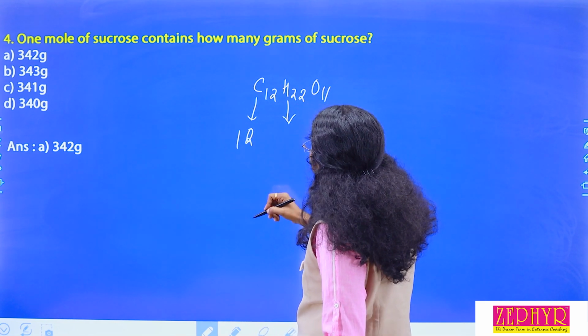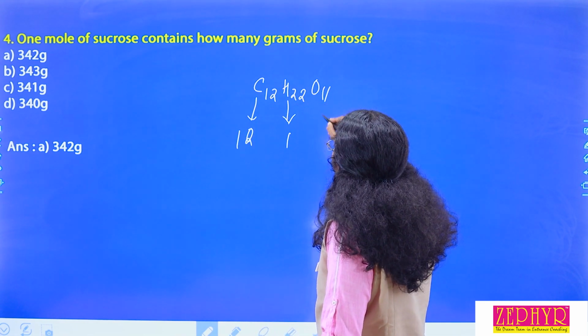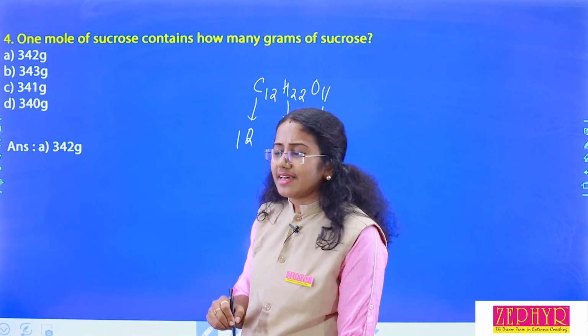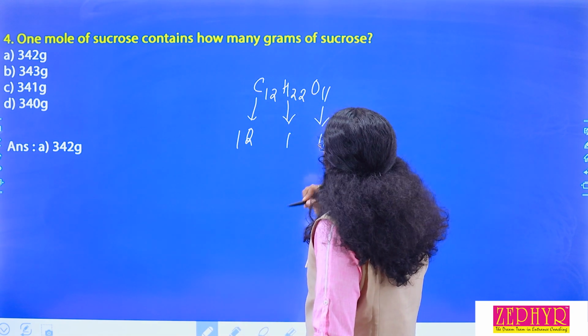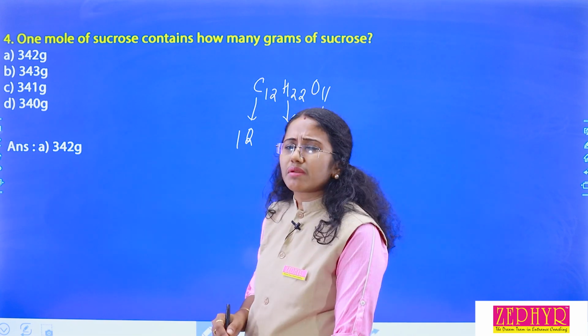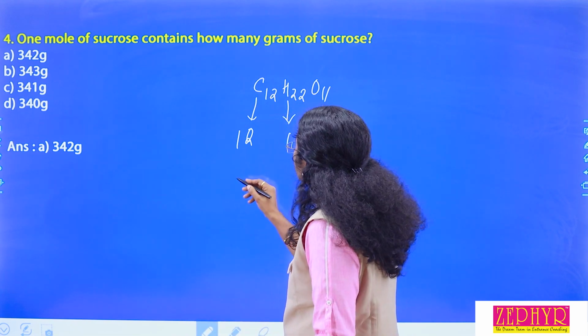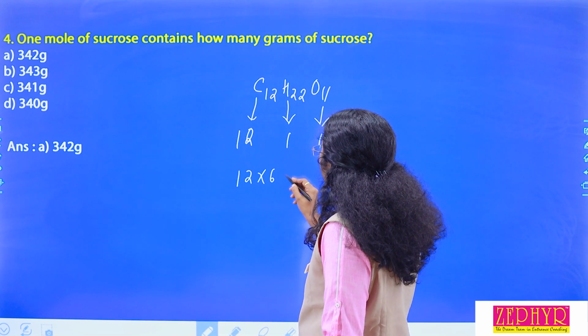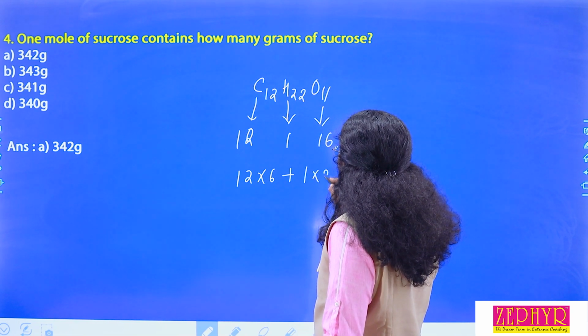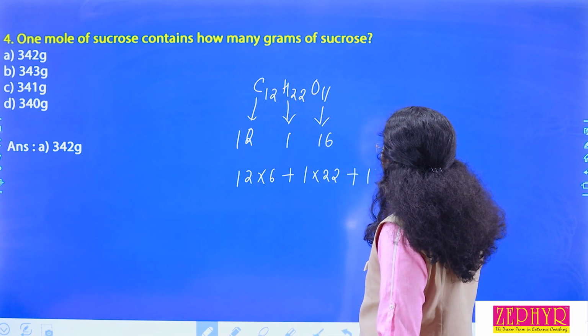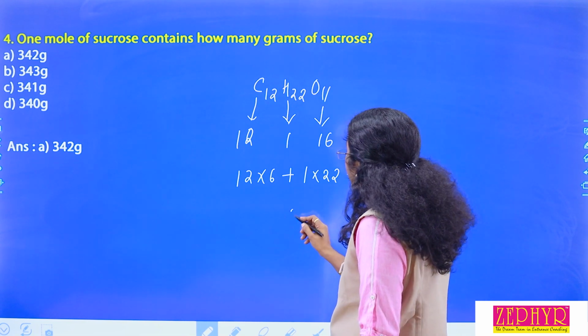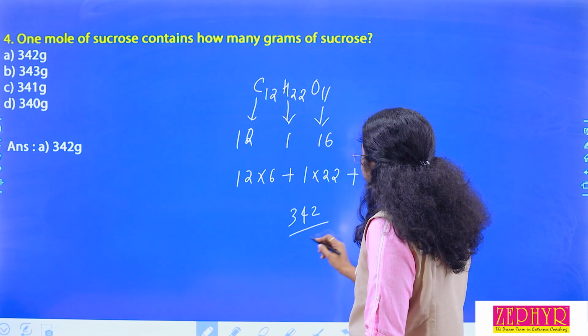Hydrogen is 1. Oxygen is 16. So we can calculate the molecular mass of sucrose: 12 into 12 plus 1 into 22 plus 11 into 16. Finally, we will get the answer 342 gram.